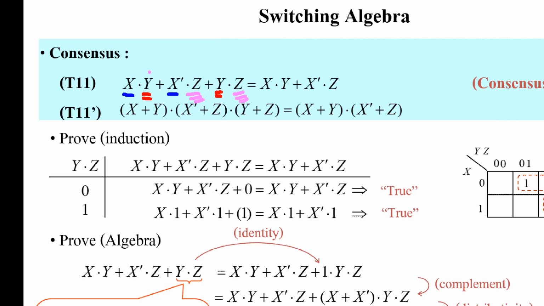So this term and this term become this term, so you can remove this term by using the consensus theorem. For this term also, x plus x prime plus yz, the yz term can be removed from the expression. This term is then called the consensus term.